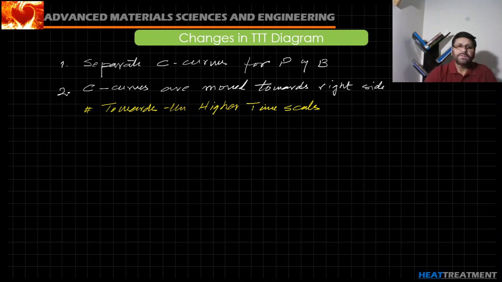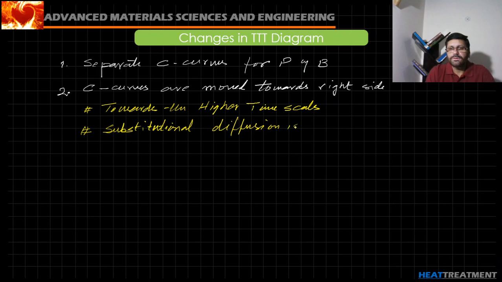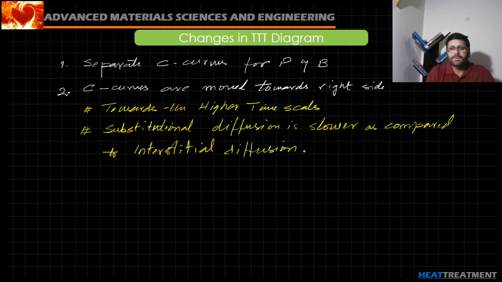The main thing behind this is that we know that the substitutional diffusion is going to be slower as compared with the interstitial diffusion.